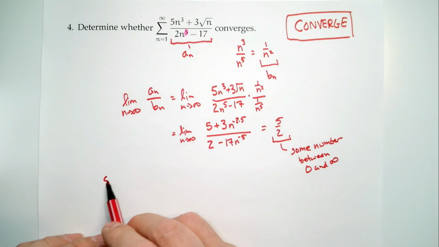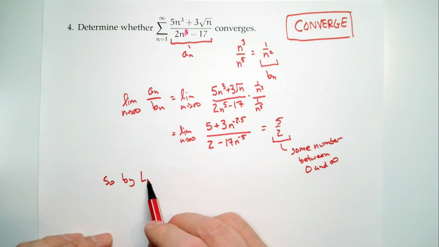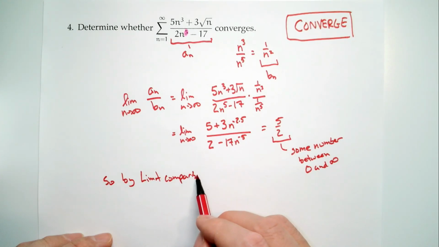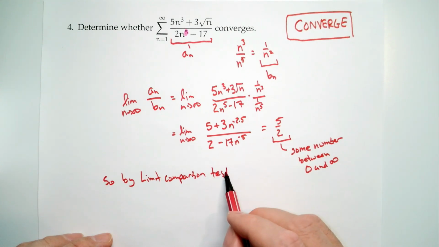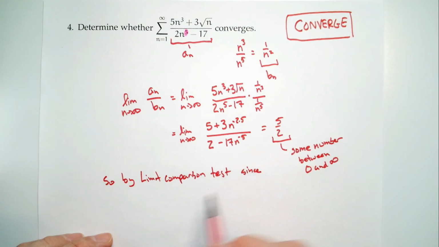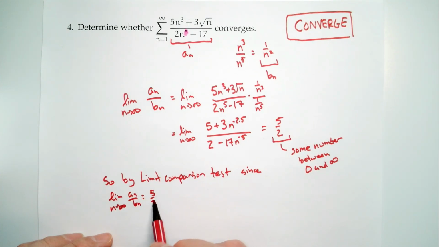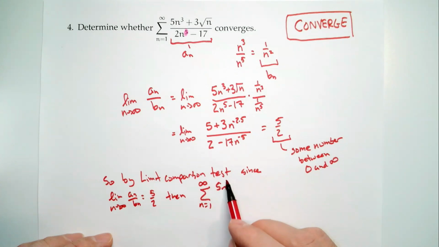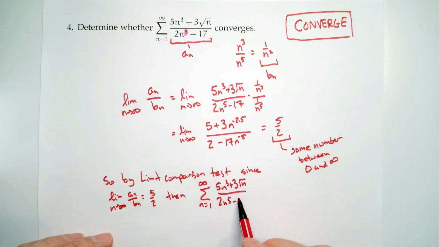By the limit comparison test, and now comes the long explanation here, since the limit as n goes to infinity of a sub n over b sub n equals 5 halves, then the original sum will converge, and so here we go, it takes a while to write this down, right?